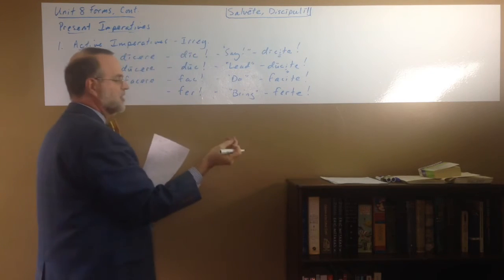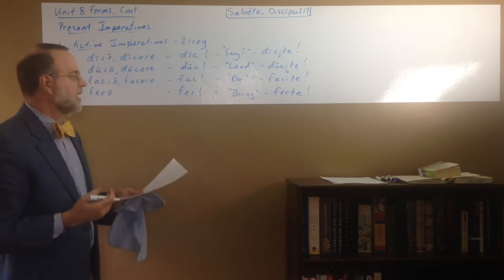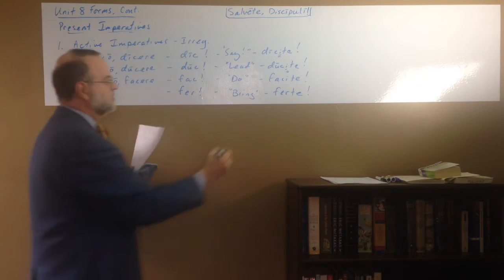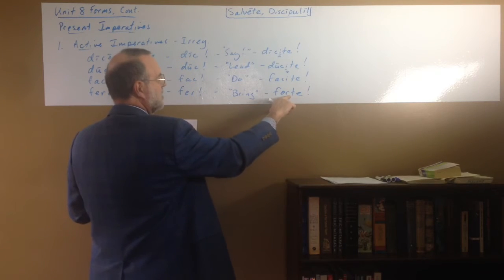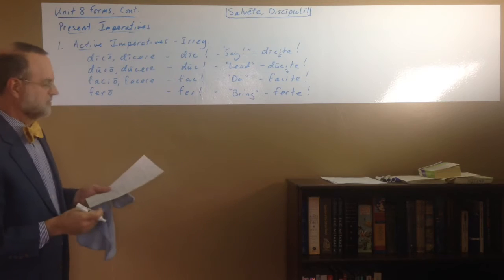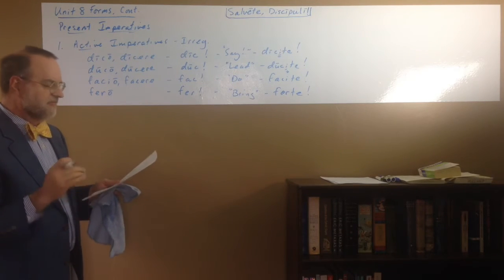So there's a contraction. You lost the vowel altogether. So it's going to be irregular in both the singular and the plural forms. So there's no E or I there. So ferte, you plural bring, not ferite.